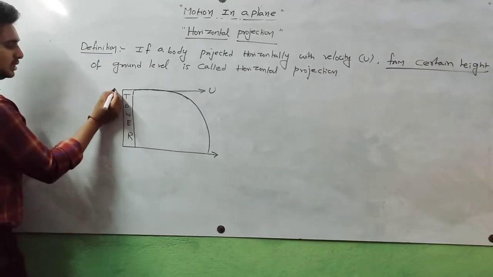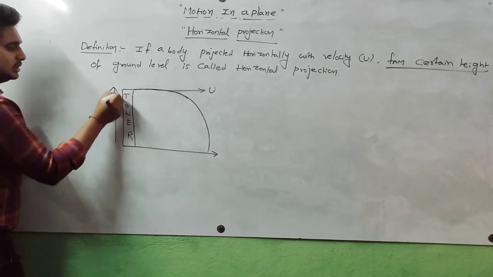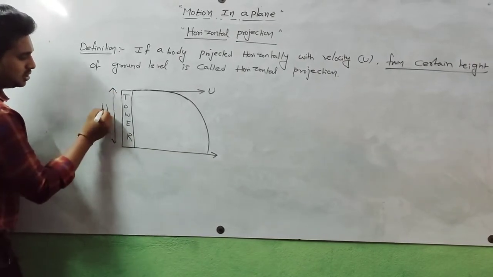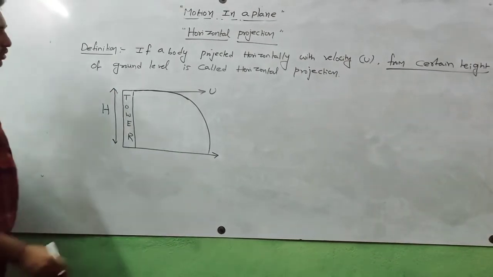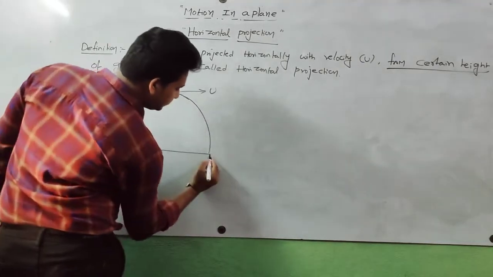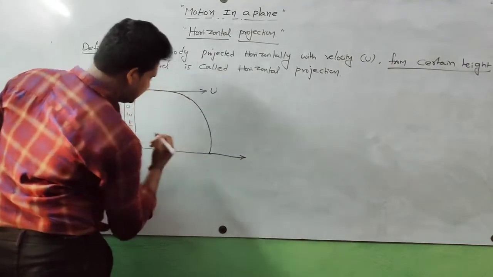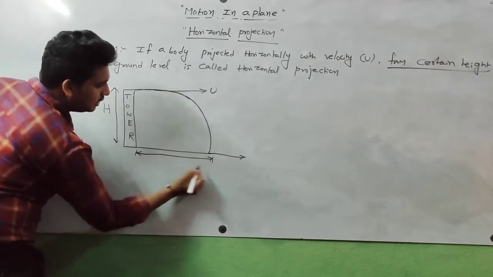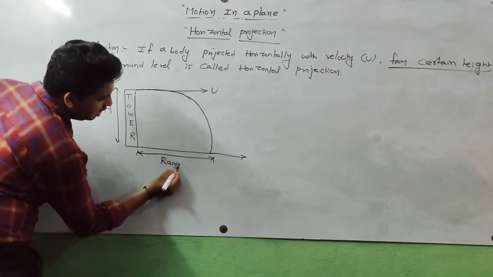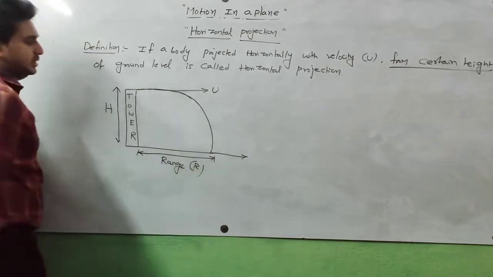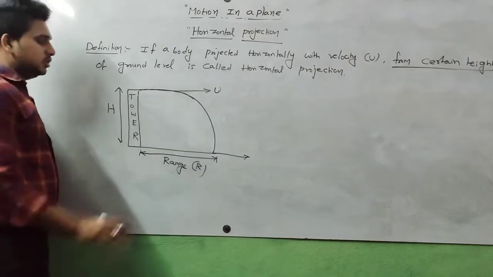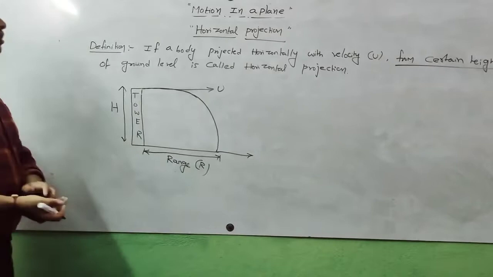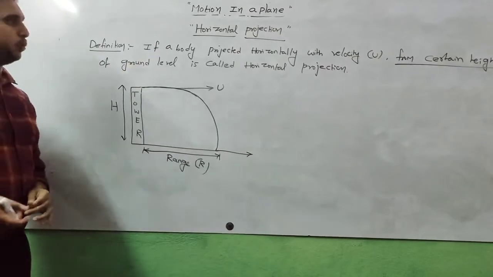So let us consider the tower height is h. This is the x-axis, and it reaches a certain distance. This horizontal distance is called range R. So this is called horizontal projection.